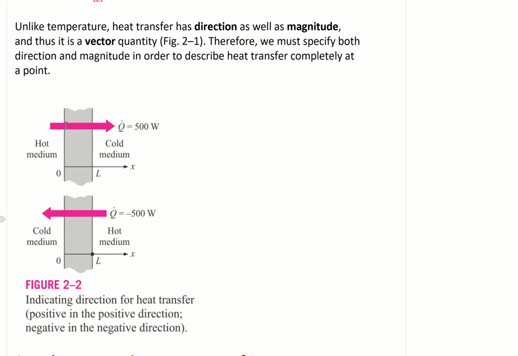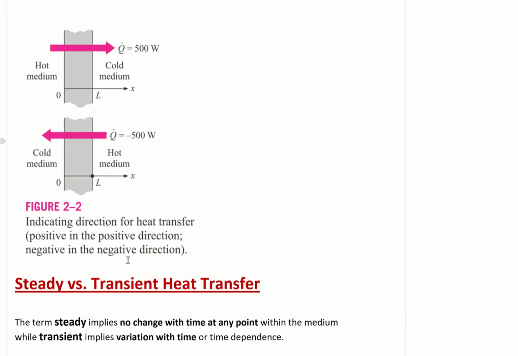And so the direction, the convention used here is that this would be positive. So heat transfer would be 500 watts in this scenario. And if it's traveling in the negative x direction, then the heat transfer is considered negative. So positive indicates a positive direction along the x-axis, and negative indicates negative direction on the x-axis.